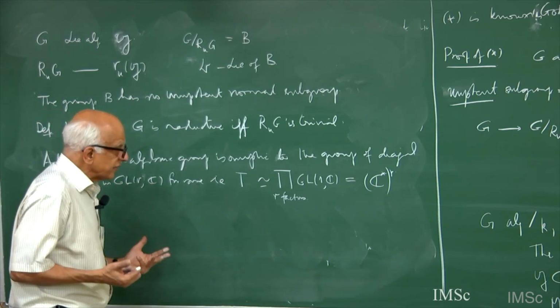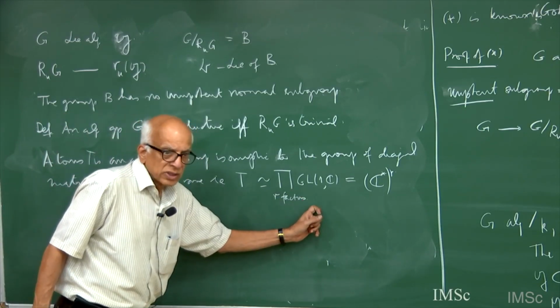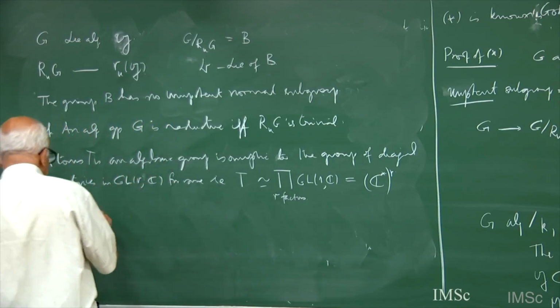A torus can be defined over K, but may not be isomorphic with this product over K. That can happen. So we make a special definition.